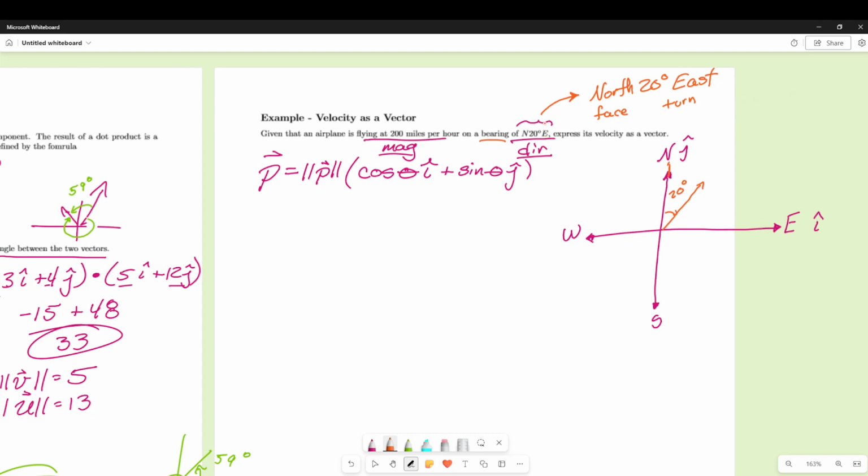But we want to express things in standard position because it's going to agree with our I's and J's. So in standard position, we would call that angle 70 degrees.